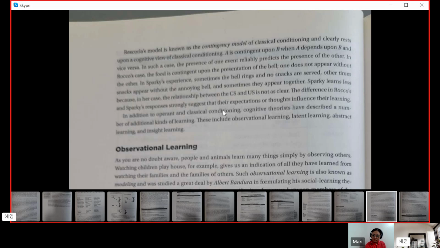In addition to operant and classical conditioning, cognitive theorists have described a number of additional kinds of learning. These include observational learning, latent learning, abstract learning, and insight learning.